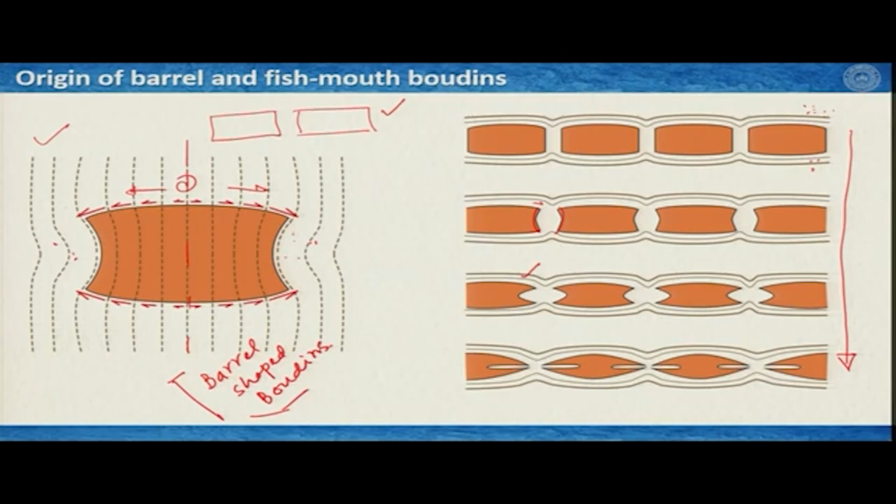Now, a very large amount of such post-boudinage plastic deformation leads to the formation of fish head boudinage. This is exactly what we see here.